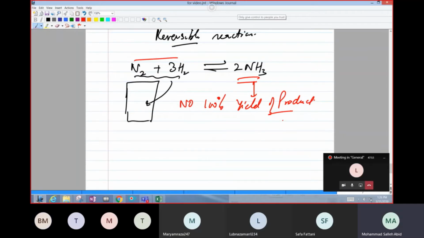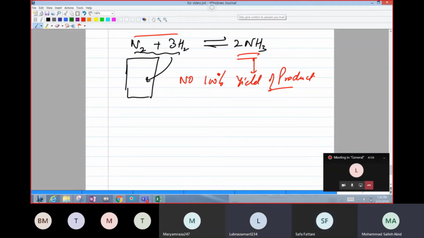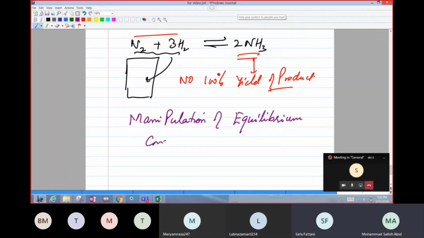Yes. So that is a wastage of labor, a wastage of electricity, and so on, so many things. So what we are going to study now is the manipulation of equilibrium conditions. Why? Safa, why do we want to manipulate the equilibrium condition?